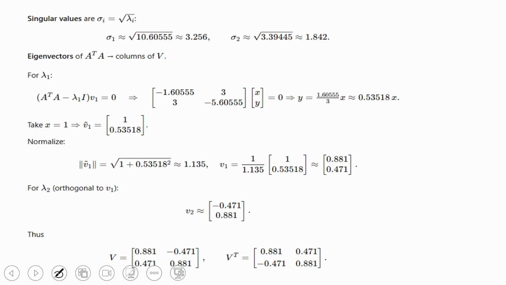Now y equals this value. In order to get the value of y, take x equal to 1. X equal to 1 means we will get the eigenvector in the form x, y. The value of x is 1 and the value of y is 0.53518.